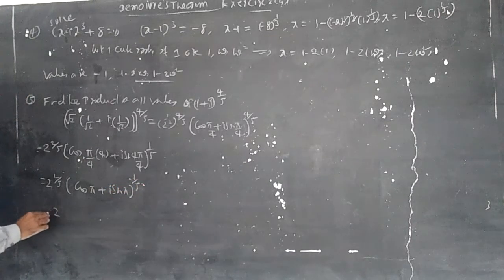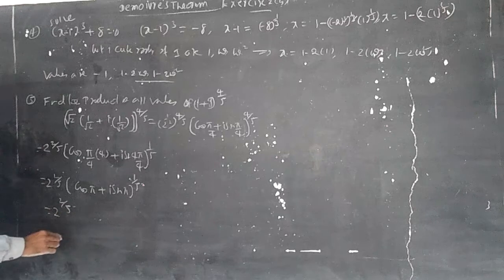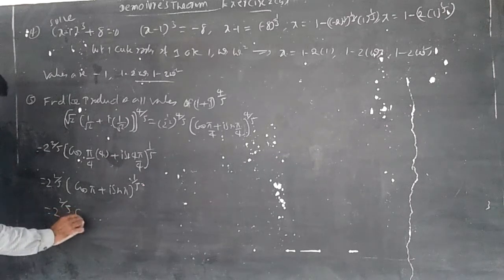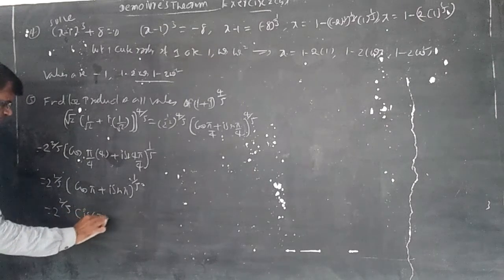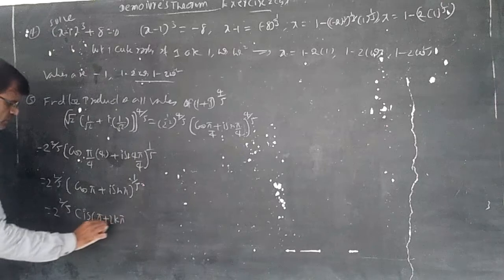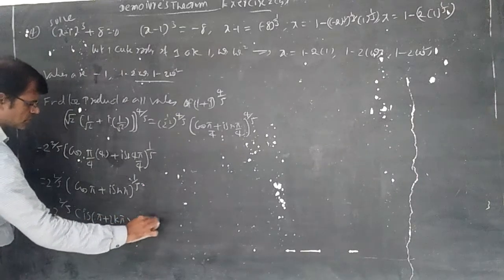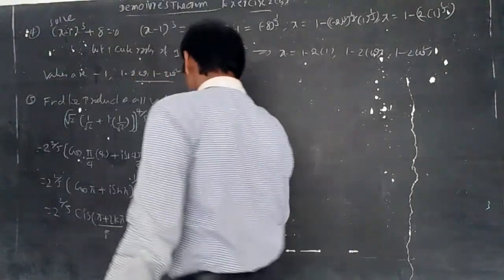So that is equal to, since he is asking for the product, 2 power 2 by 5 into minus 1 whole power 1 by 5. So you can write this one as cis of theta plus 2k pi, cis of pi plus 2k pi whole by 5, where k is equal to 0, 1, 2, 3, 4.